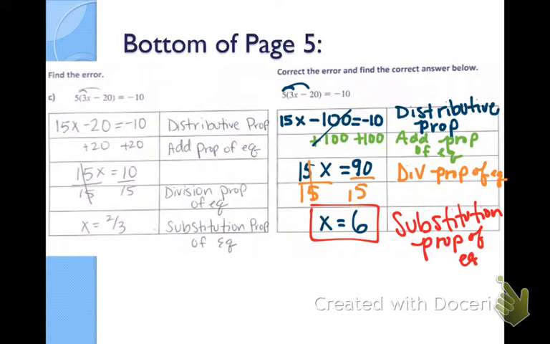So now we're going to look at theirs and figure out what they did wrong because we did it right. So the first step, they distributed, right? We distributed. Do our lines look the same? No. So what did they do? So we're just going to correct it. 5 times negative 20 should have been negative 100.